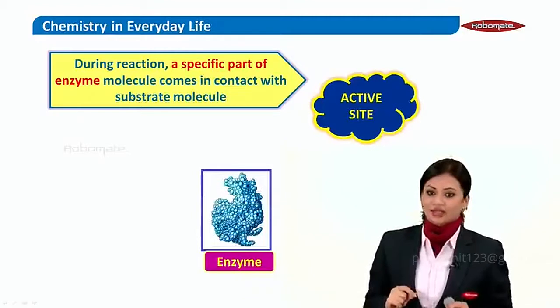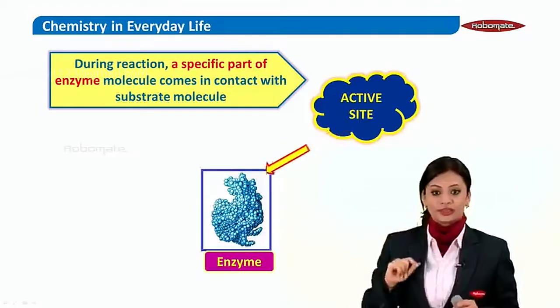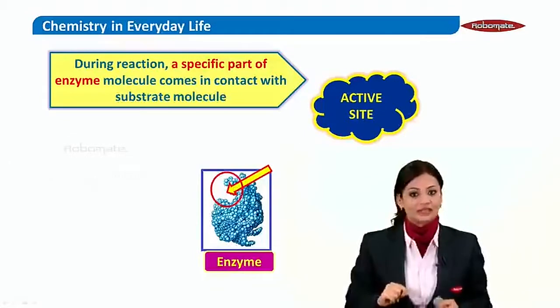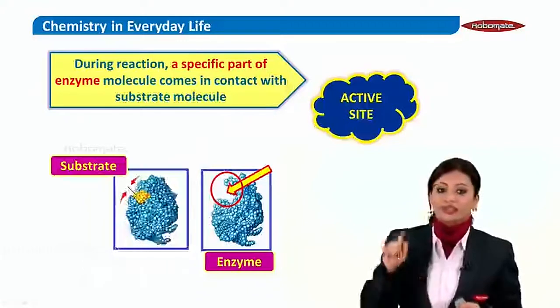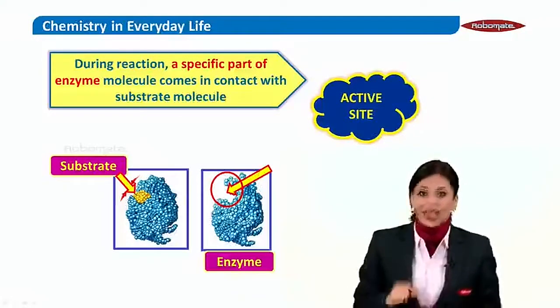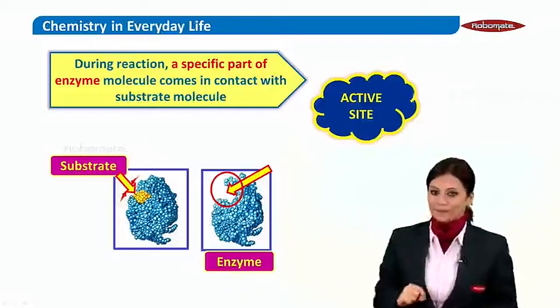Let's see here. Can you see the enzyme? Can you see there is a small hole present there? Well, that hole exactly, children, is called the active site. It is the hole where the substrate will come and attach itself on the enzyme. And what does it form? Yes, it forms an enzyme substrate complex.